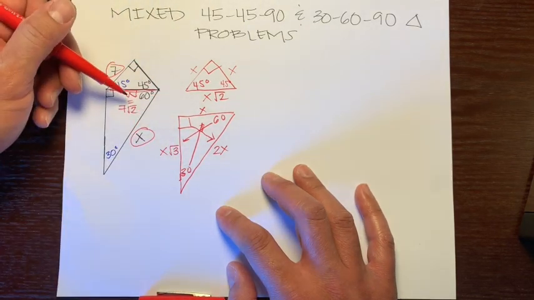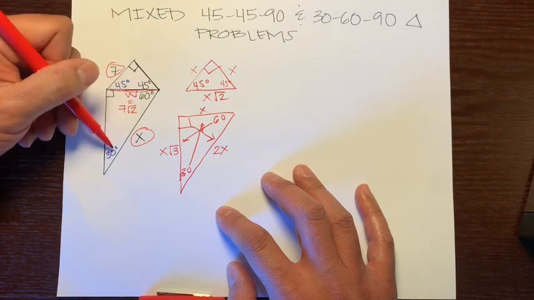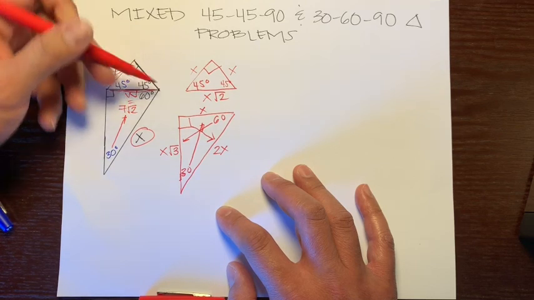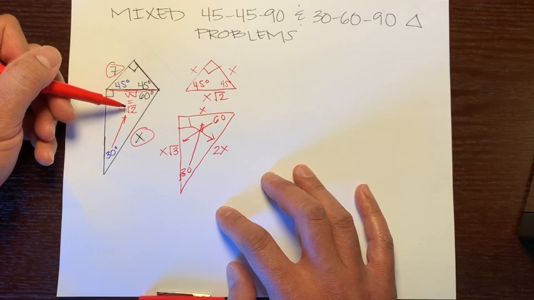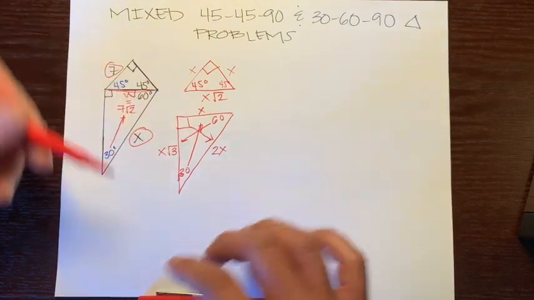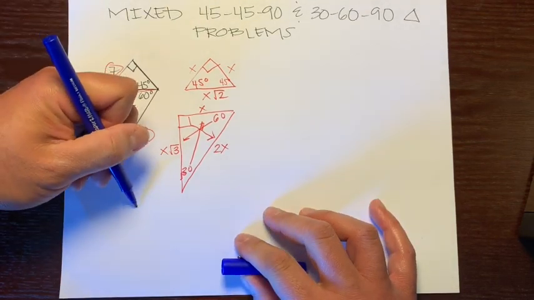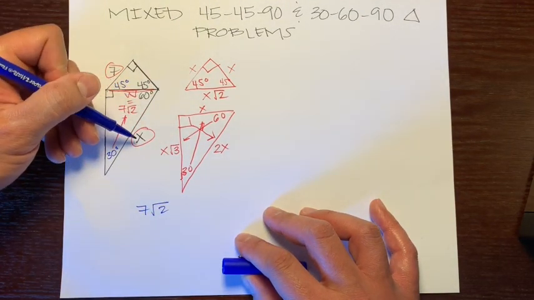So let's go back to our original problem. Here is the short side. We know it's a short side because it's opposite the 30, which is 7 radical 2. We're trying to figure out what the hypotenuse is. So we'll take the short side, which is 7 radical 2, and we're trying to find the hypotenuse.